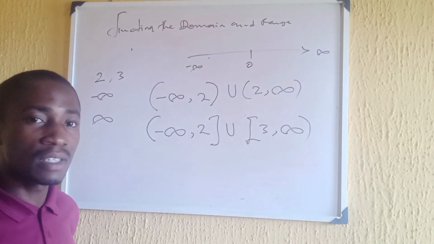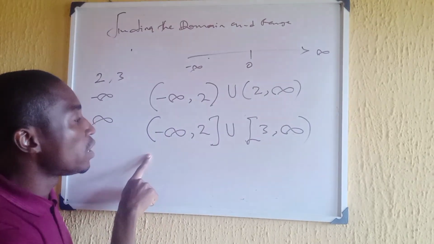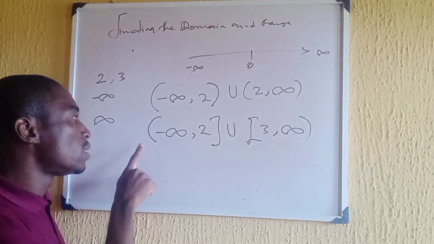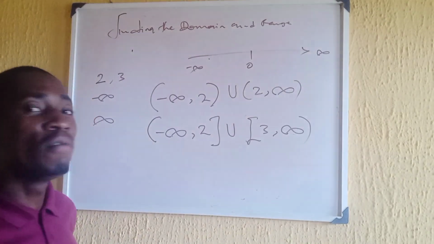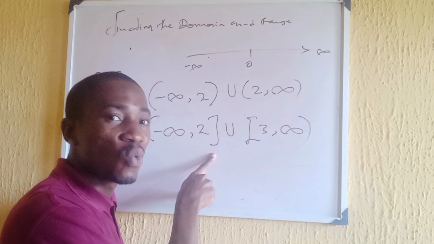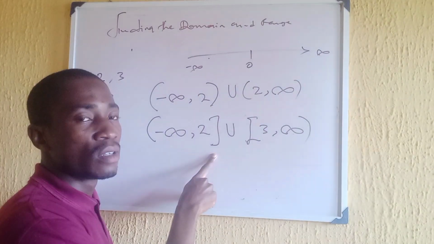So what I'm saying in essence is that when a value is not part of the domain or range, we use a normal bracket. But when a value is part of the domain or range, we use a square bracket.